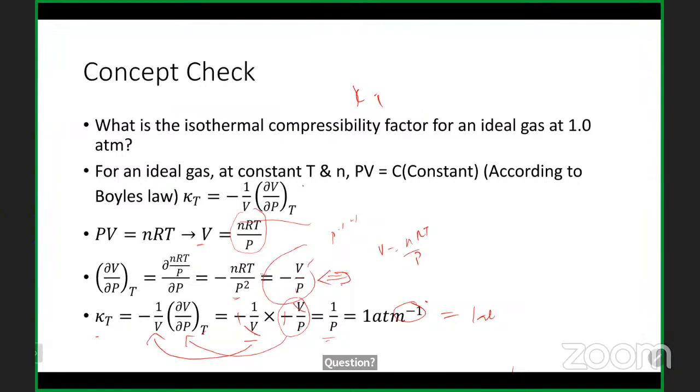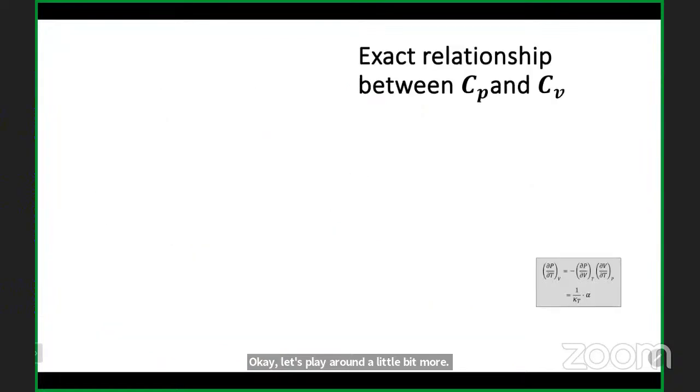Okay, let's play around a little bit more. I think we already derived Cp minus Cv equals R. And I hope we recall that we are talking about molar heat capacity.